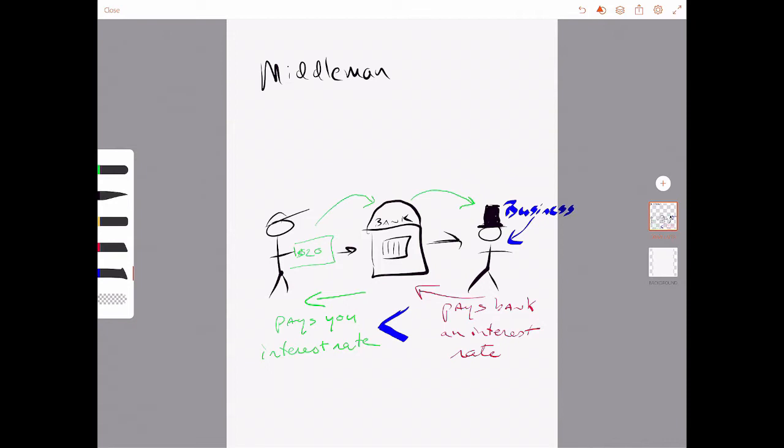And that's banking basics. It's banks working as a middleman in between the savers, and that's you over here, and the investor, which is this business over here. That's how the bank works as this indirect way of getting savings into the hands of investors.